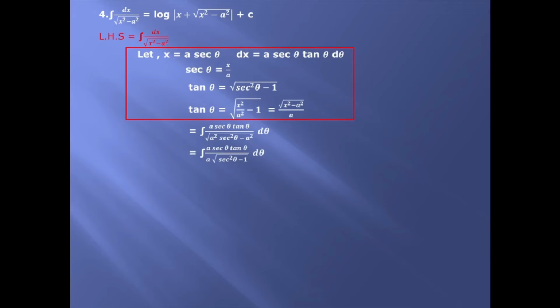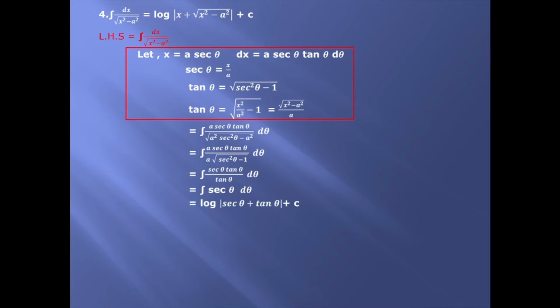Numerator as it is, in the denominator a square we can take common from both the terms under the root, so that outside the root we will take a, then a root of secant square theta minus 1 d theta. In numerator and denominator, a gets cancelled, we will get secant theta tan theta by tan theta d theta. Then tan gets cancelled, we will get integral secant theta d theta.